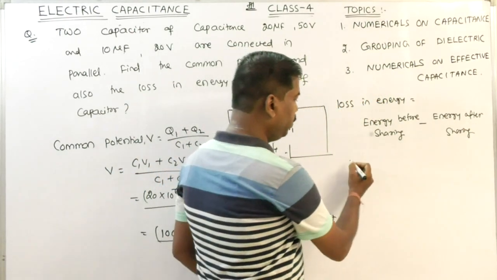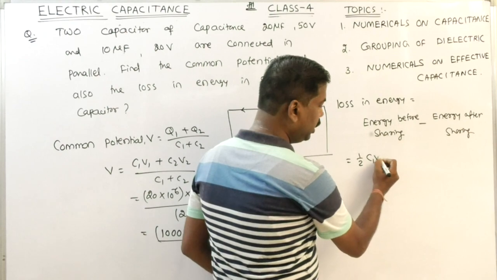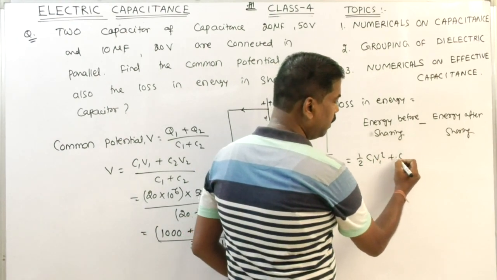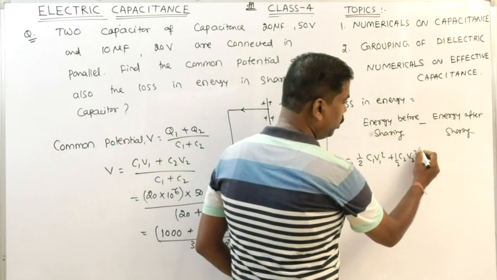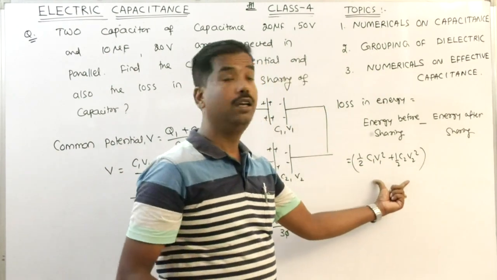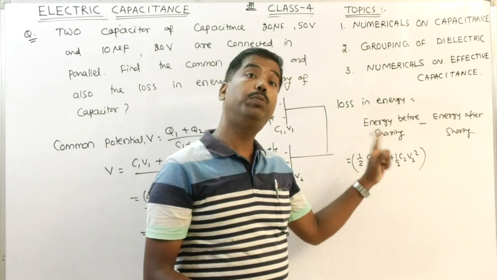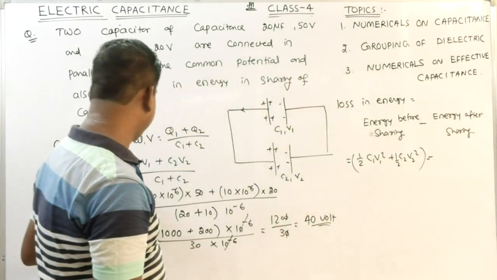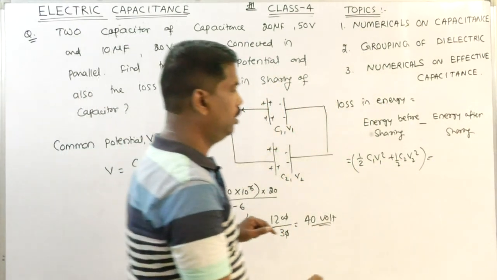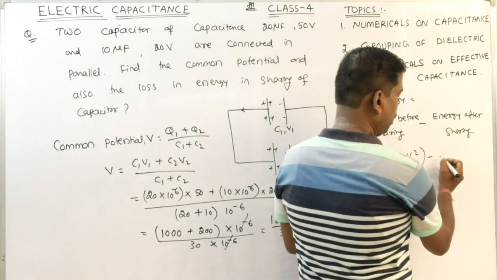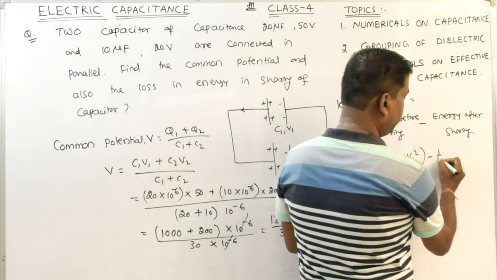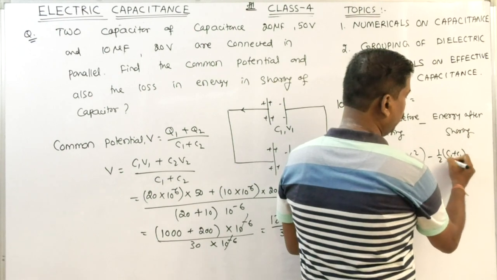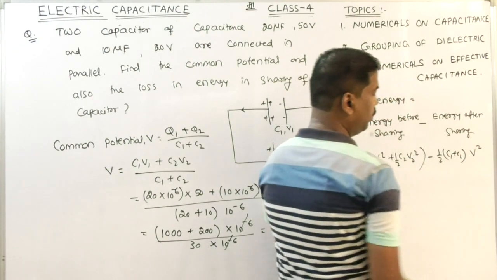Clear? Before sharing is half C1 V1 square plus half C2 V2 square. This is the energy before sharing, and after sharing they acquire common potential V, half (C1 plus C2) into V square.